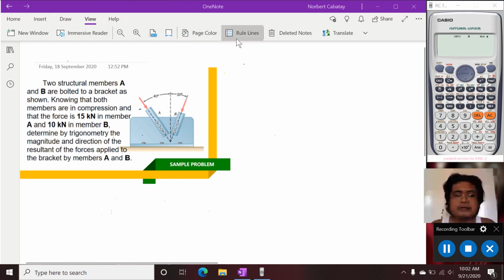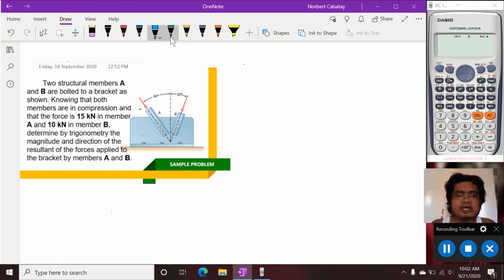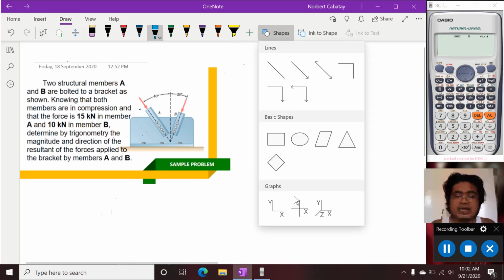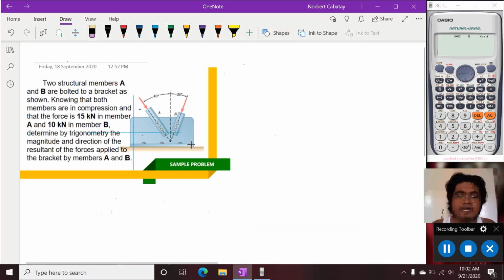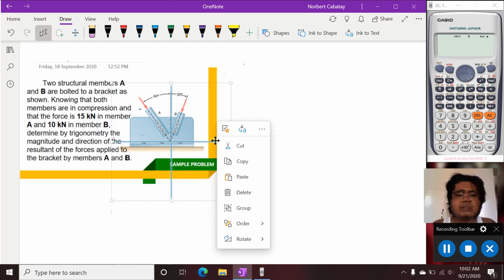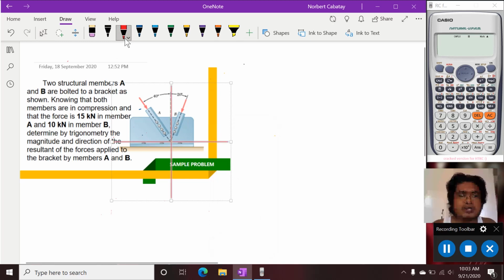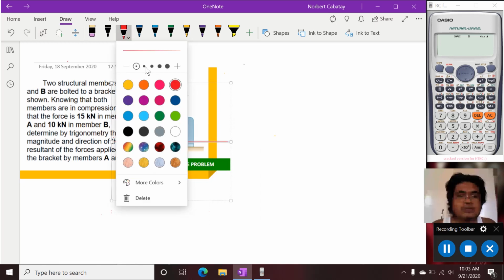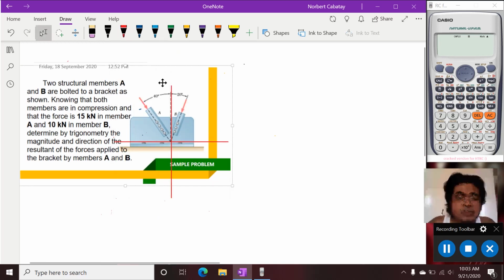Let us first create an axis for our reference. If this will be our axis, we have here the forces.